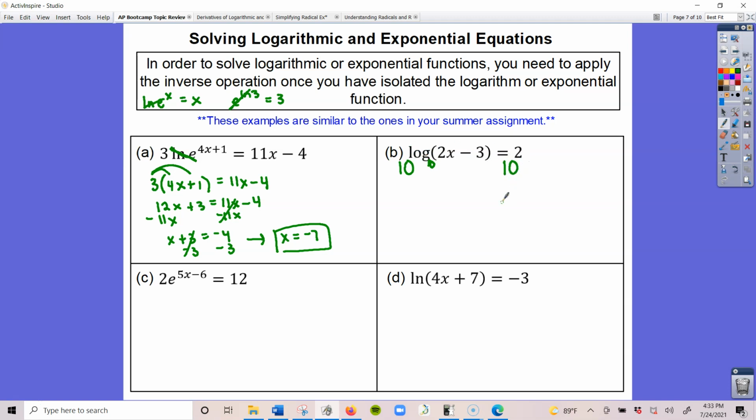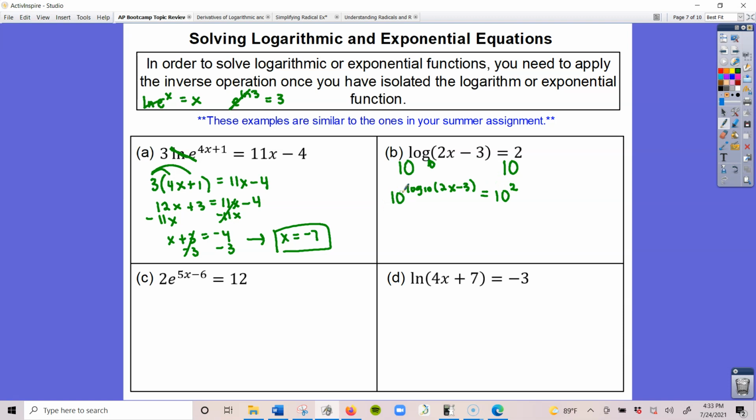So this will also be 10. So what we have is 10 raised to the log base 10 of 2x minus 3 is equal to 10 squared. Whatever the base is, you just turn this into an exponential equation.